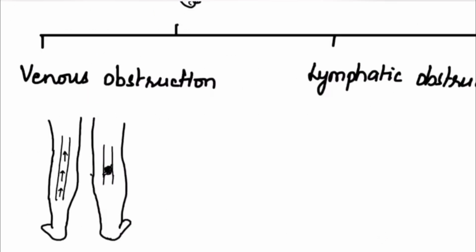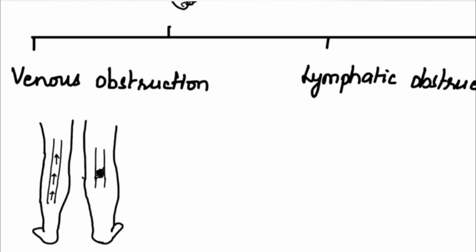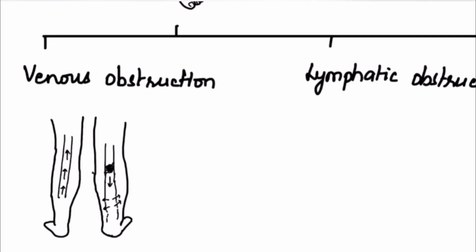Now let's look at venous obstruction. So let's suppose that the left leg is normal and the right leg has some obstruction in the venous drainage. So when there is an obstruction in the venous drainage, the blood will start pooling up in the opposite direction. So in the vein, the blood starts pooling up, and this pooled up blood will exert more pressure over the vessel wall.